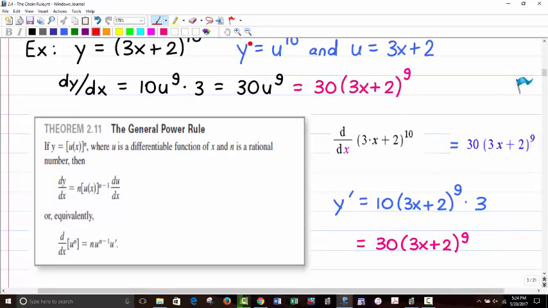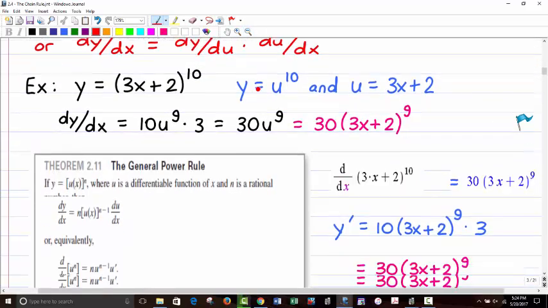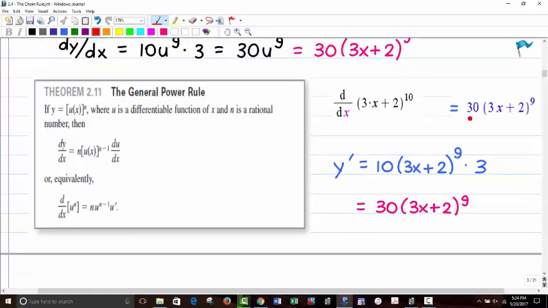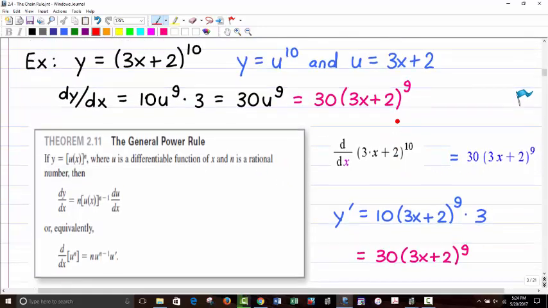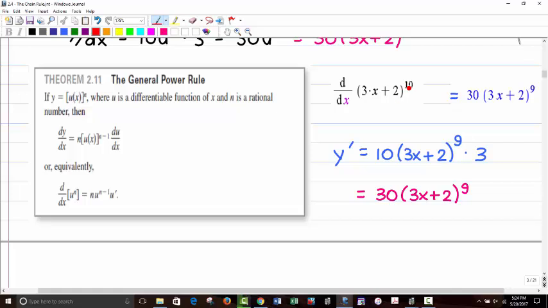So without writing all that dy du, du dx business I did up here, to take the derivative of 3x plus 2 to the 10th, you can bring the 10 down, like I did right there, change that to 9, and then the derivative of the inside, that's the way I always phrase it, which is the derivative of the u, it would be 3.